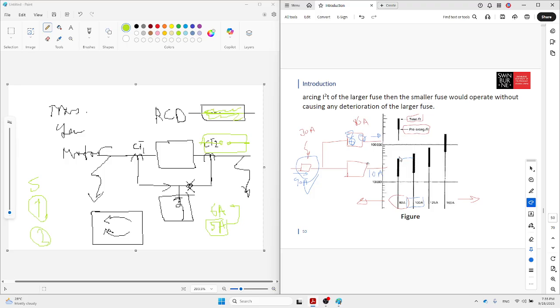At the time the 80 amp fuse is fully melted, the 100 amp, which would seem a good idea, is more than half melted, 75% melted. What about the other one? Just check 125. With 125, half of it is melted. What about 160? You can see 160 is not affected. So it means the only one we can choose as a backup is 160 amp.